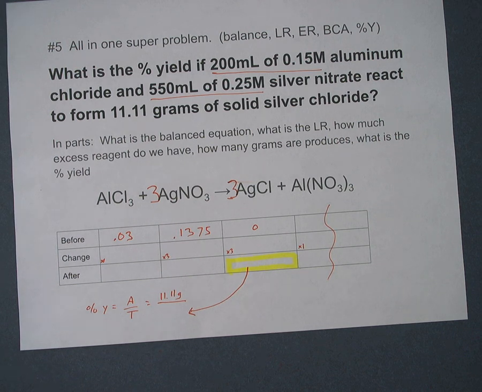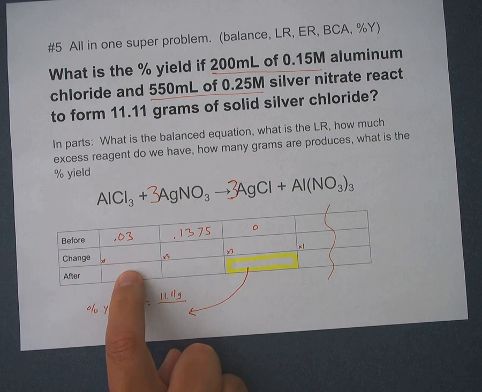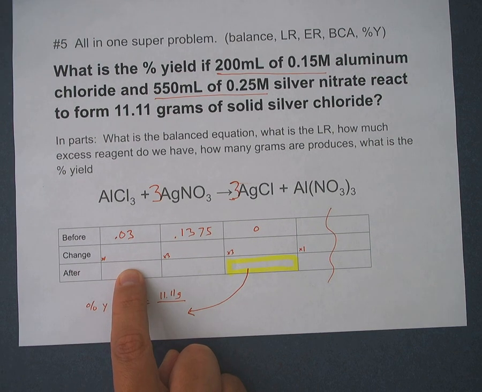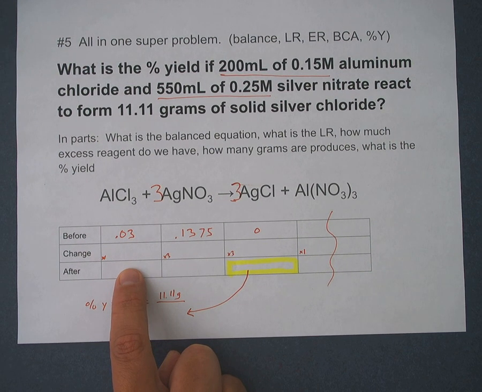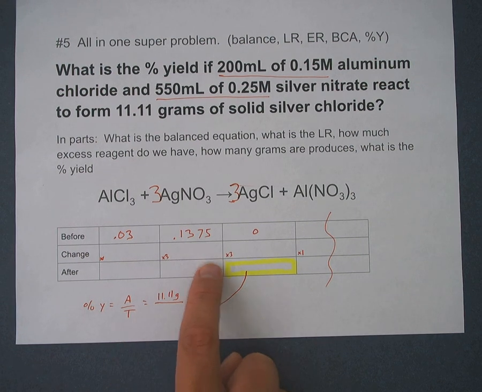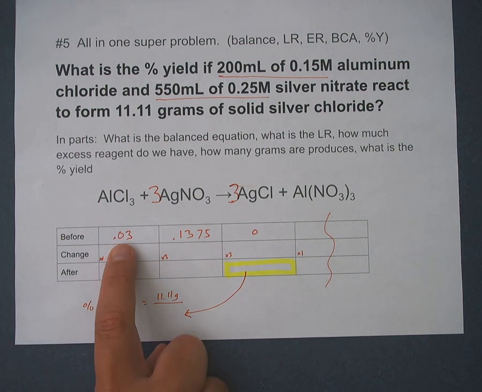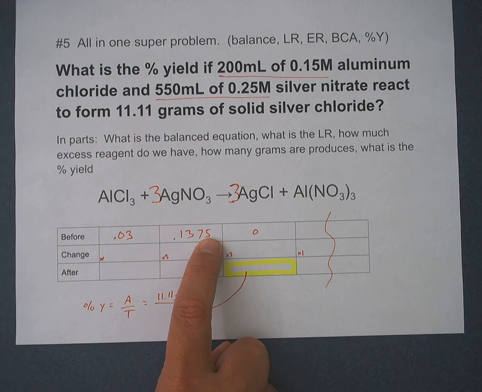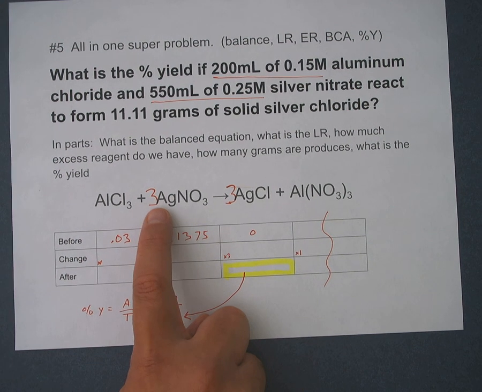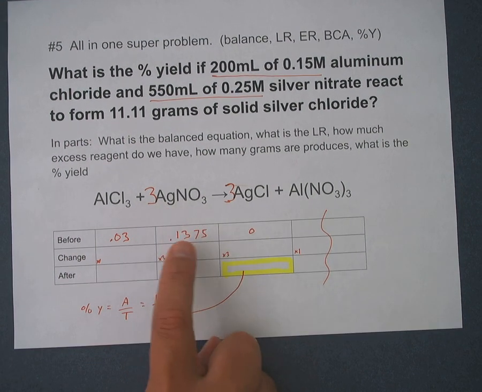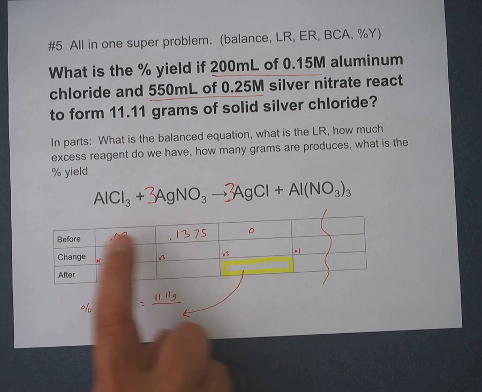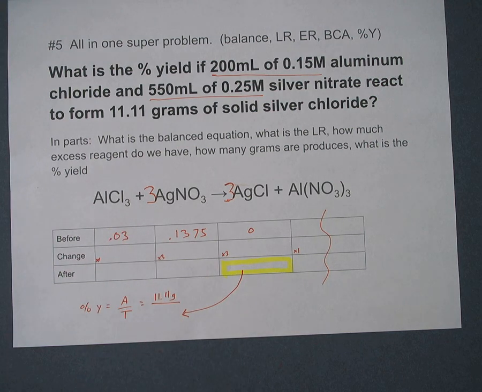All right, so now you can either take a 50-50 guess at whether you put the 0 here and fill in the BCA table because you think aluminum chloride's the limiting reagent, or if you put the 0 here thinking that the silver nitrate's the limiting reagent. Now, I see that this number is quite a bit smaller, and even though I need 3 times as much of this, I don't think this number is 3 times as big as this number. In fact, I know it's not.